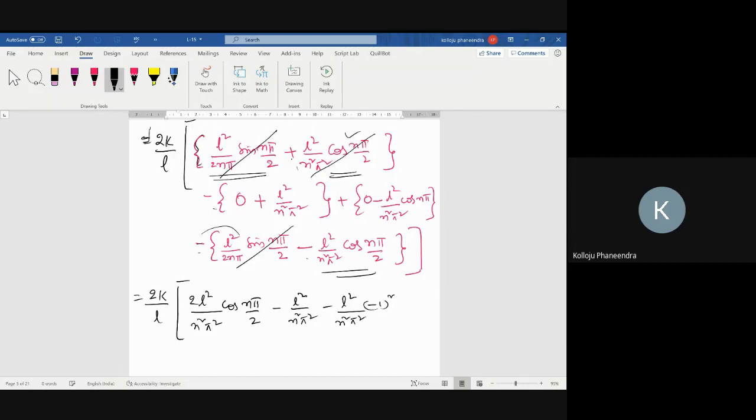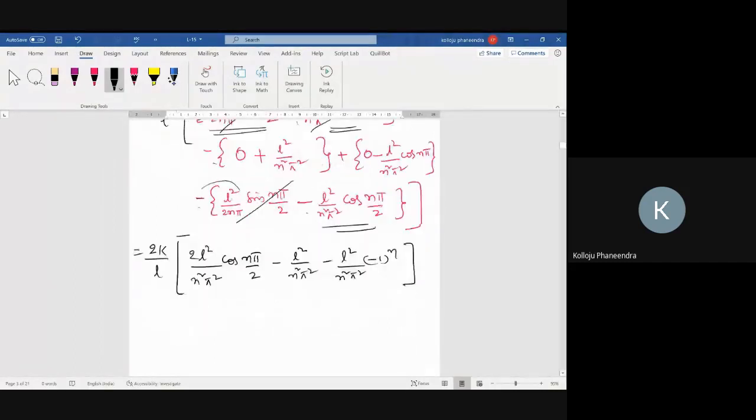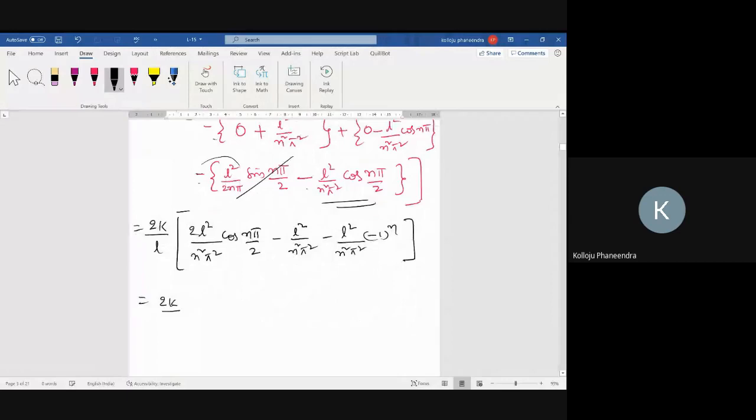Cos n pi is nothing but minus 1 whole power n. So what is the common term? 2k by L, and L square by n square pi square is common. Then this is 2 cos n pi by 2, minus 1, and this becomes minus 1 whole power n.